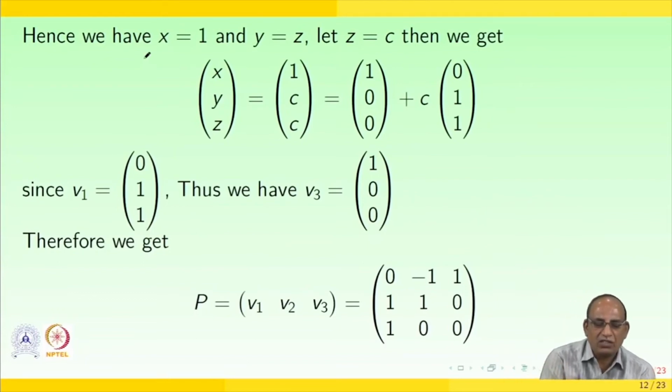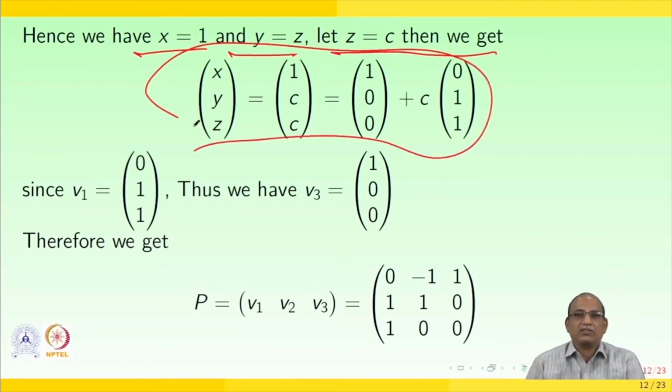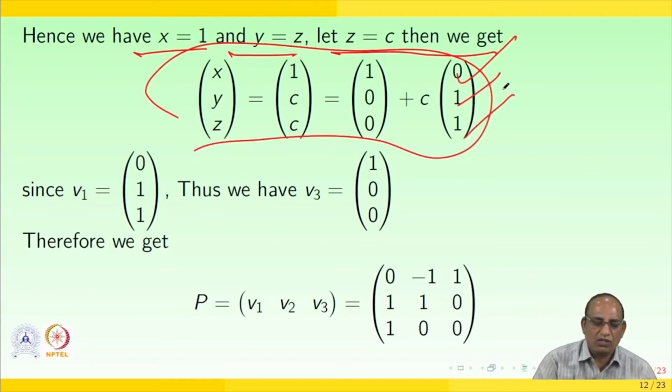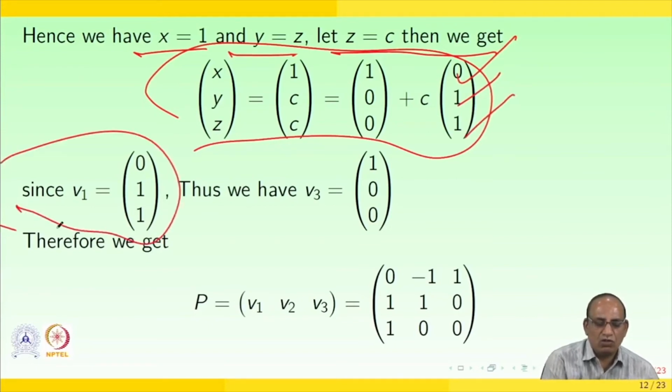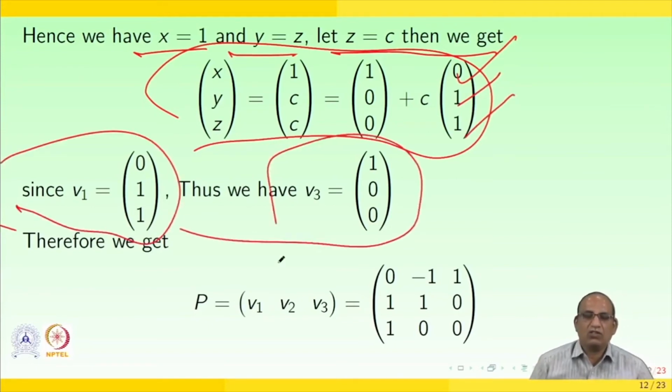Hence we have x = 1, y = z, and z = c. We get (x, y, z) = (1, c, c), which is equivalent to (1, 0, 0) plus c times (0, 1, 1). Since V1 = (0, 1, 1), thus we have V3 = (1, 0, 0).